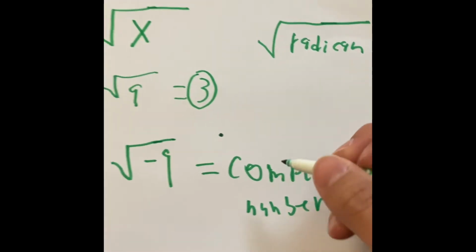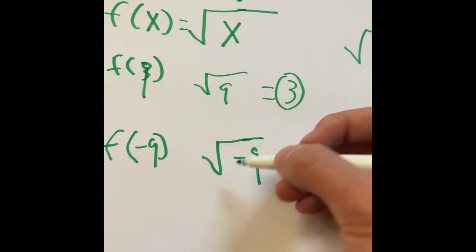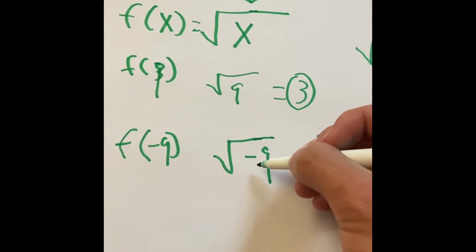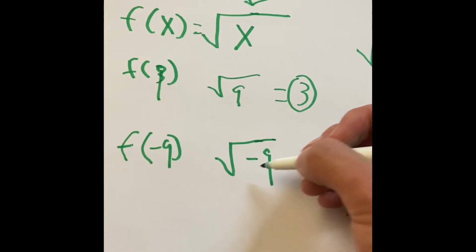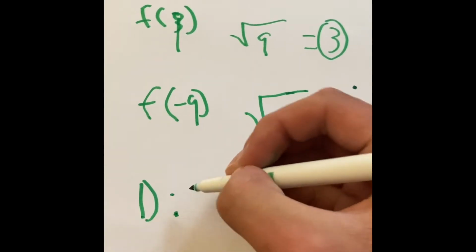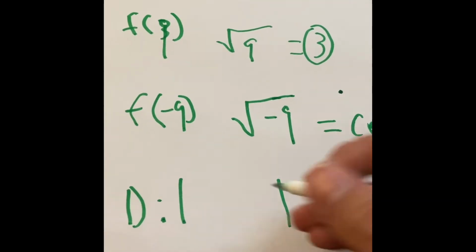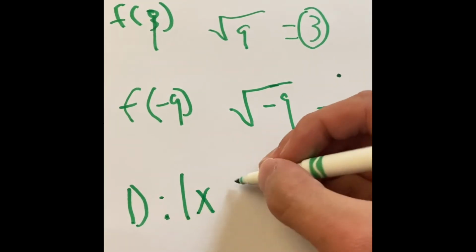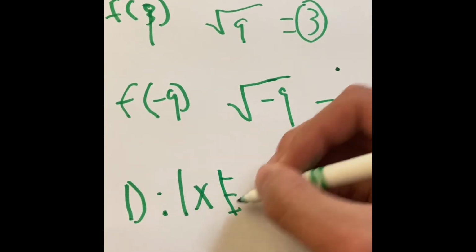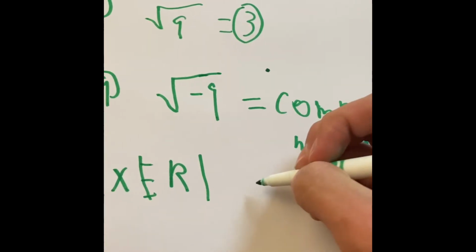You will learn about complex numbers in higher level math, but right now, you can't really take the square root of a negative number. So that's why when we find the domain, our rules are almost the same. x is going to be an element of all real numbers, except we have to add in another rule.